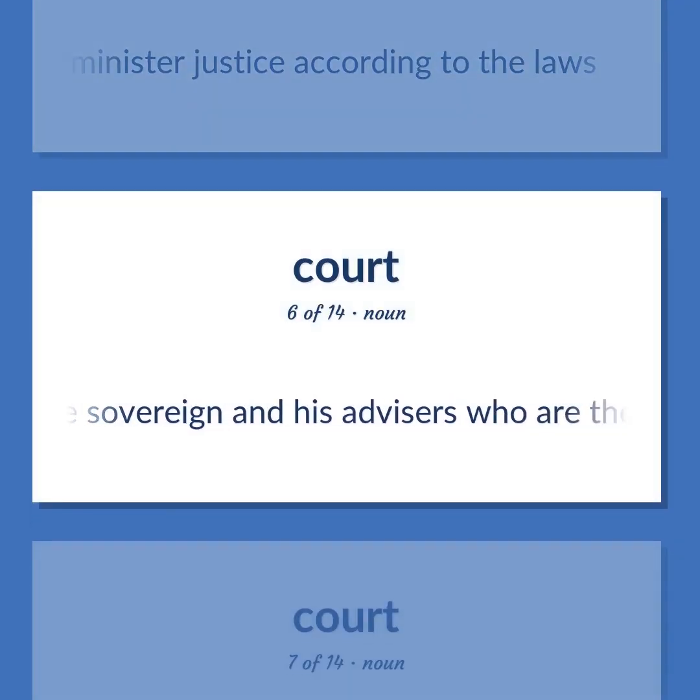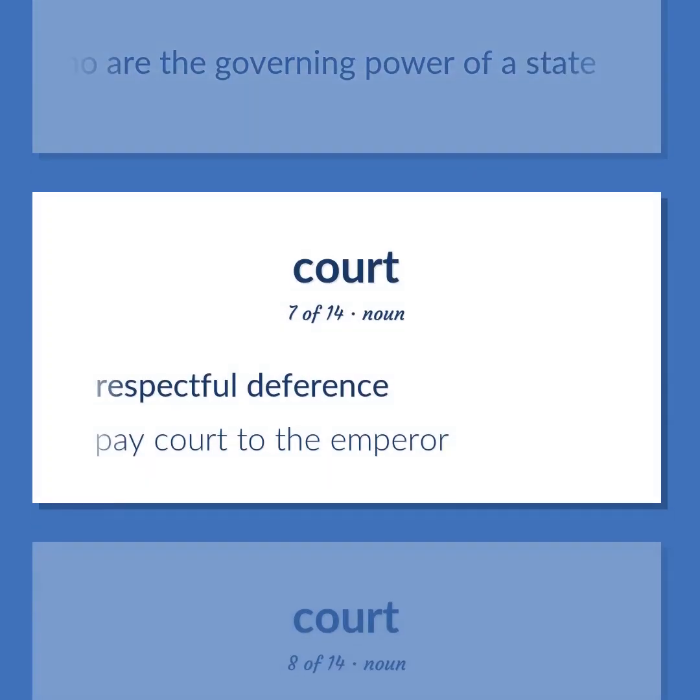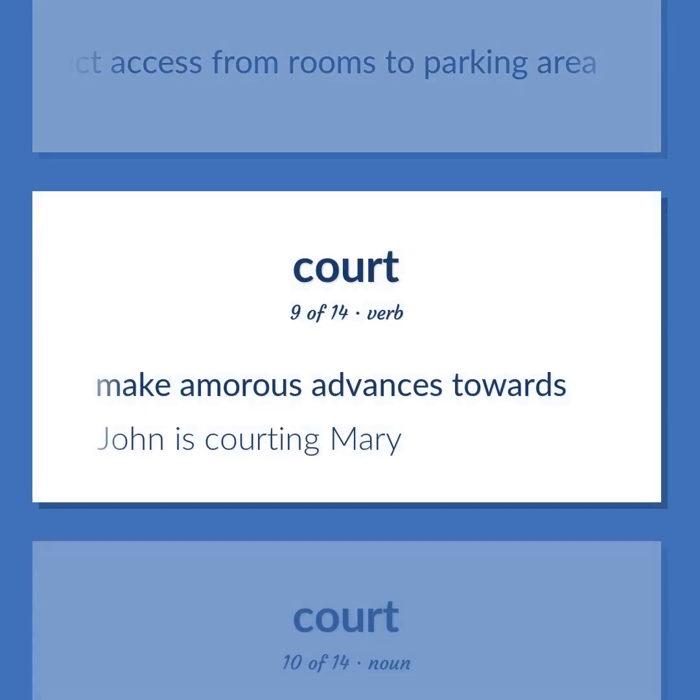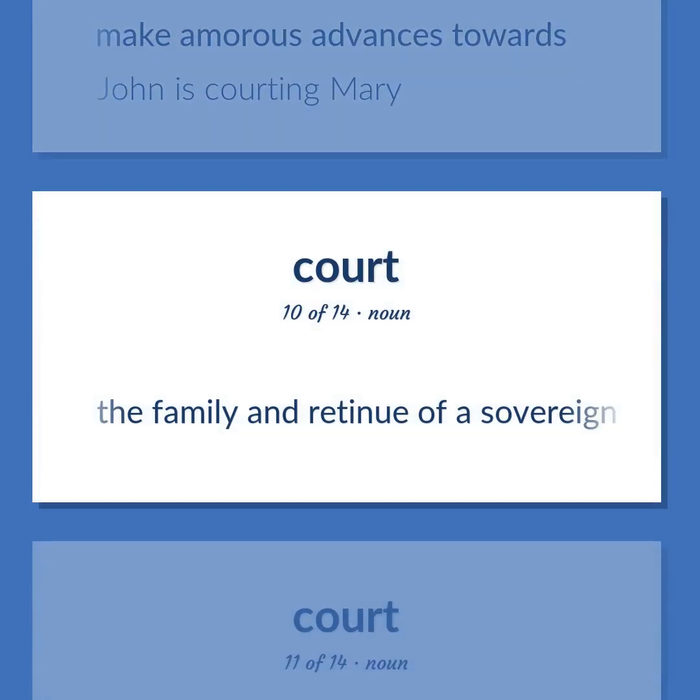The sovereign and his advisors who are the governing power of a state. Respectful deference. Pay court to the emperor. A hotel for motorists, provides direct access from rooms to parking area. Make amorous advances towards. John is courting Mary. The family and retinue of a sovereign or prince.